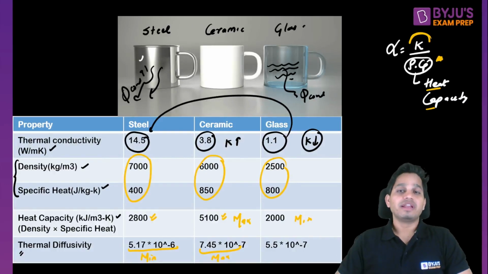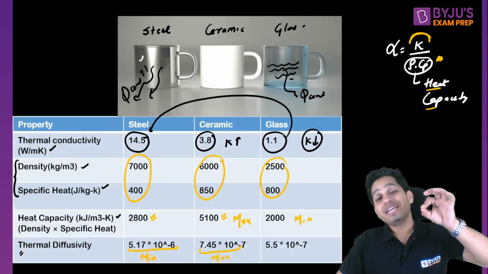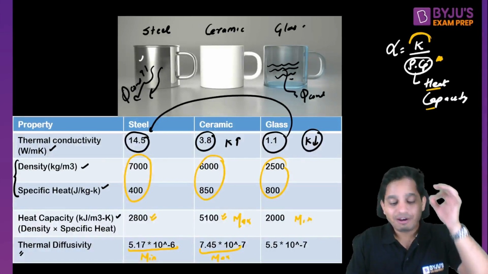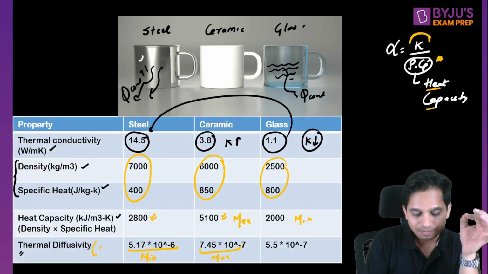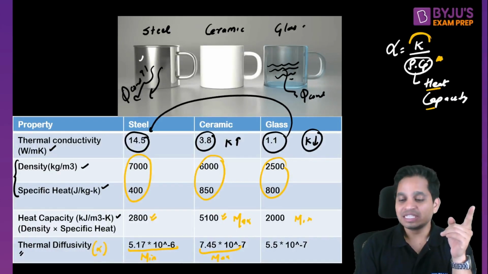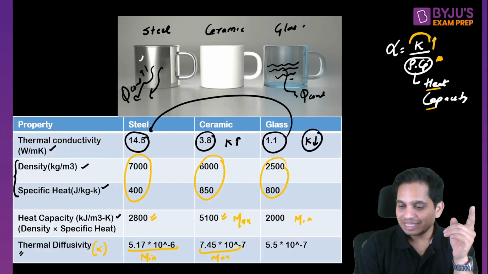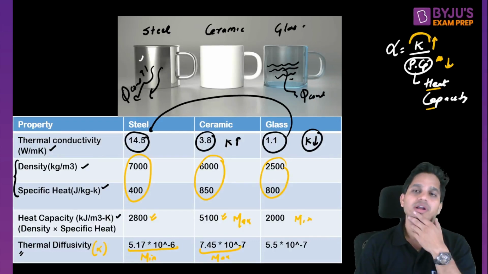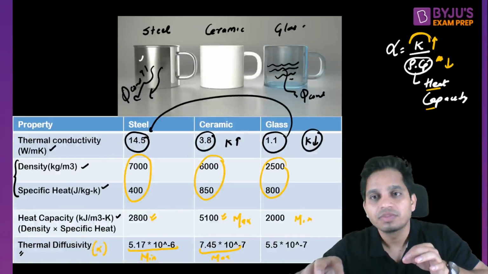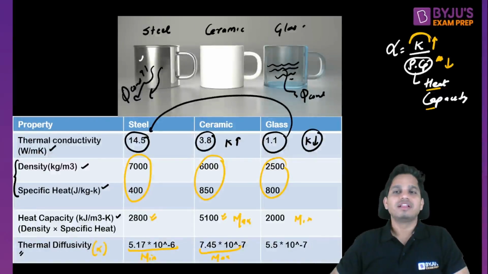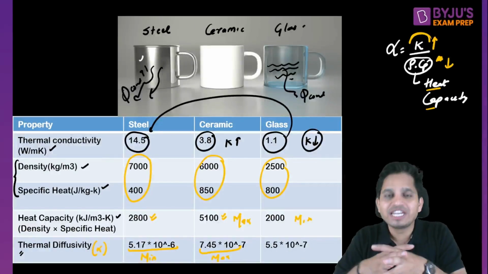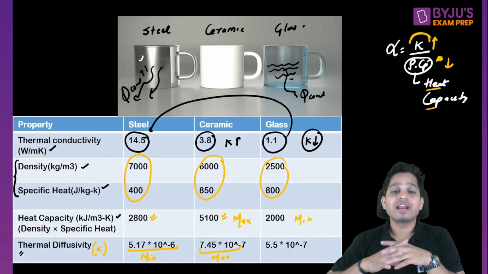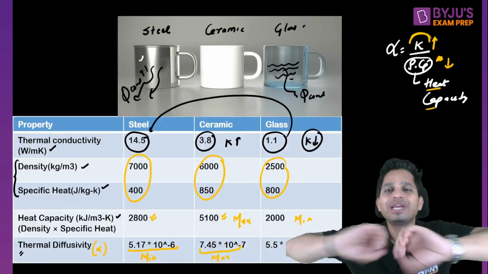So what does it mean? If thermal diffusivity is higher, if alpha is higher, that means this is higher and this is lower. So it is conducting heat fast and it is not able to store it. That is why when you hold a steel cup, you feel very uncomfortable, because a lot of heat is coming through it.